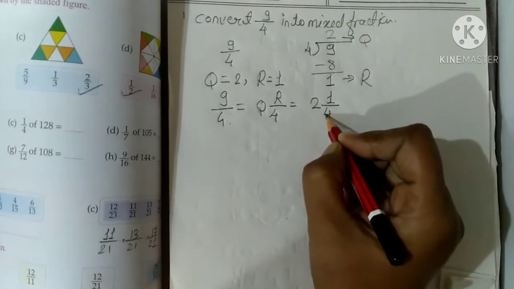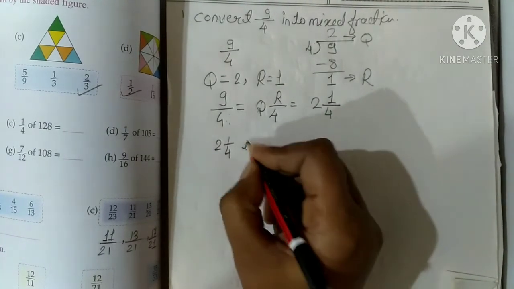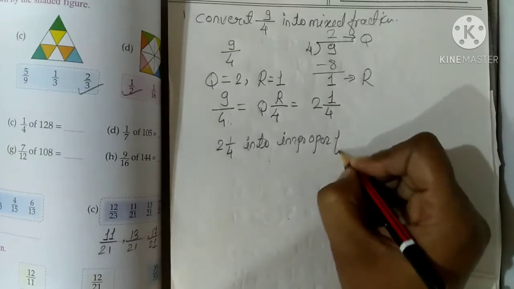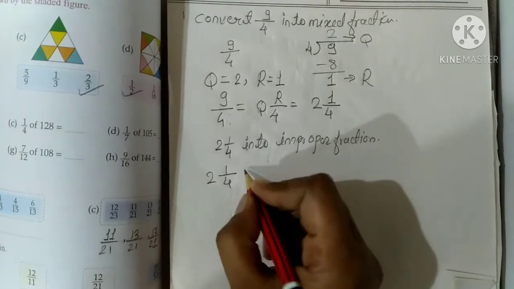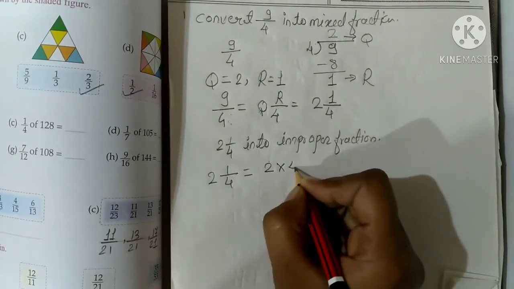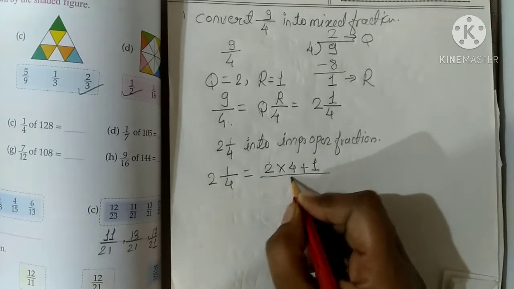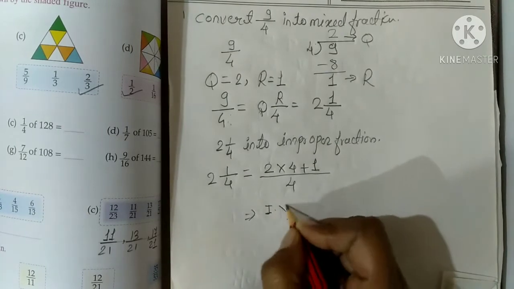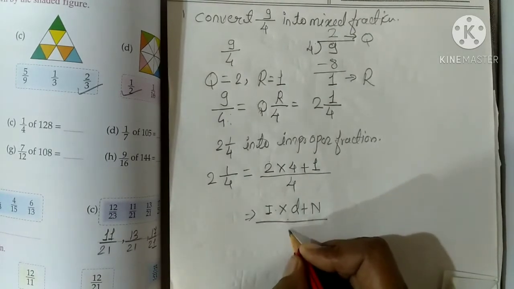Let's convert this mixed fraction, 2 1 by 4, into an improper fraction. So what do we do? Write the fraction as it is, then integral part into denominator plus numerator, whole divided by denominator.